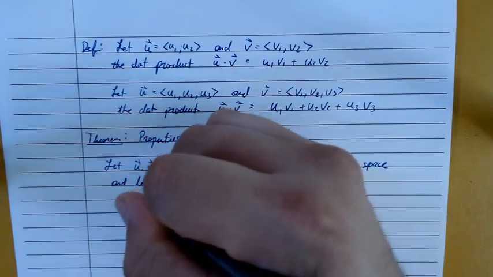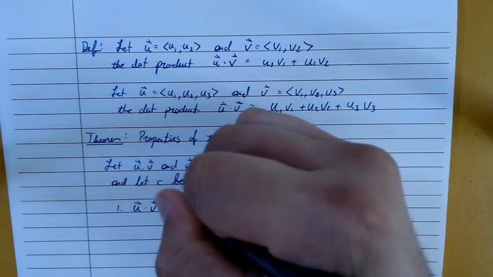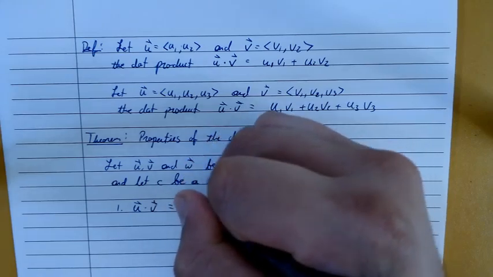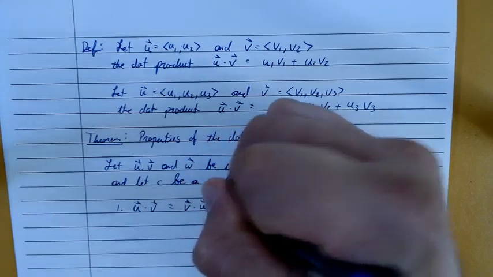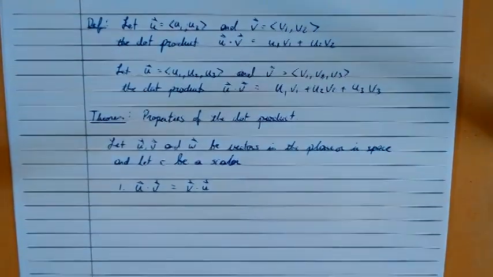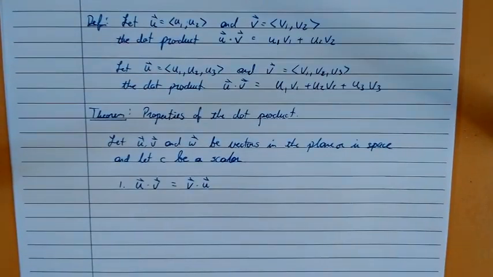If you take the dot product, it's commutative. So the product U dot V is equal to the product V dot U. Note that this is not something to be taken for granted. Not everything in mathematics has a commutative multiplication. For example, matrices. If we think back to algebra, when you multiply two matrices together, the order of multiplication matters.